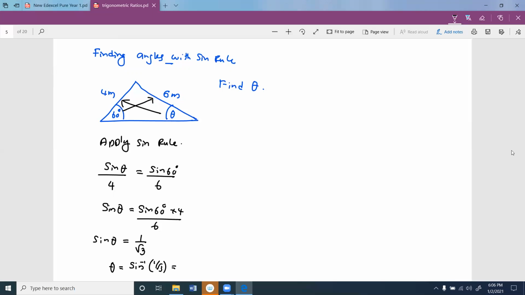Let me see whether this is right. Sine 60 into 4 divided by 6, I think I made a mistake. That is 1 over root 3, and the sine inverse of this answer turns out to be 35.26. I made a mistake, 35.26.